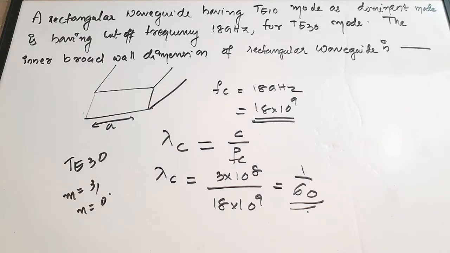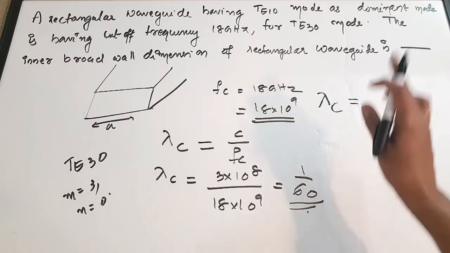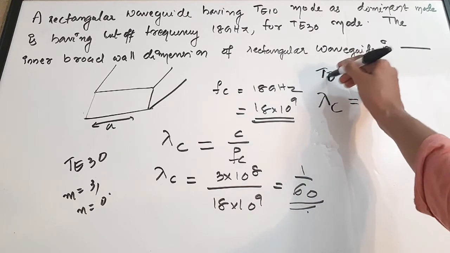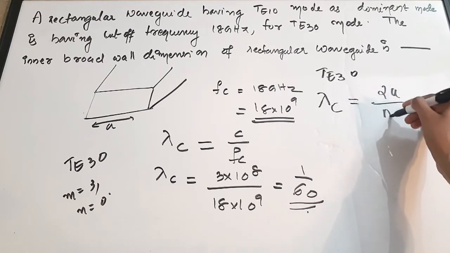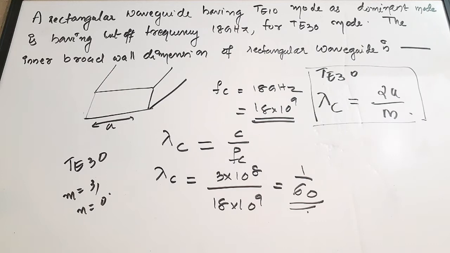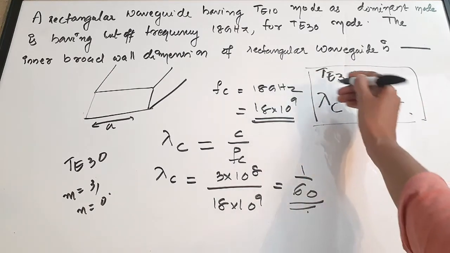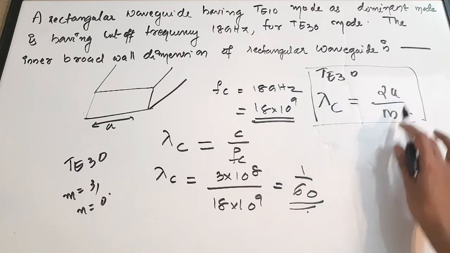You will get the cutoff wavelength for TE30 mode as 2a by m. Please note this down, because if you reduce it, you will get the cutoff wavelength for TE30 mode as 2a by m.